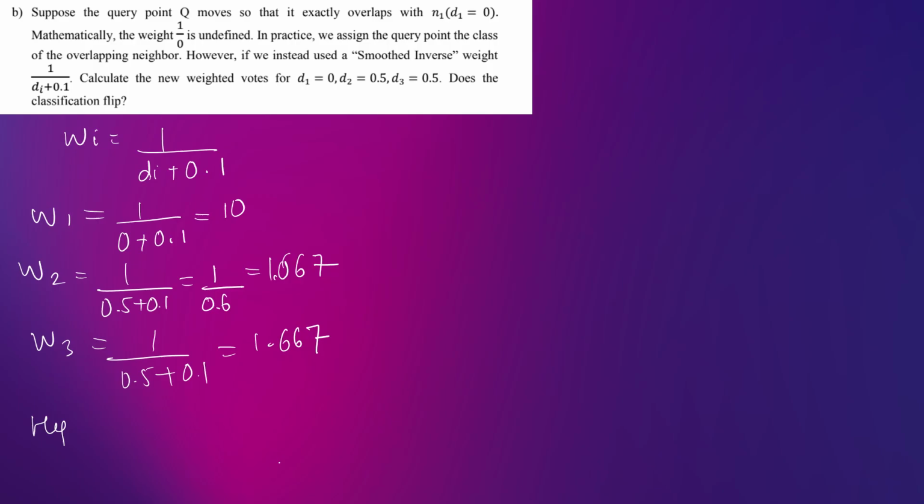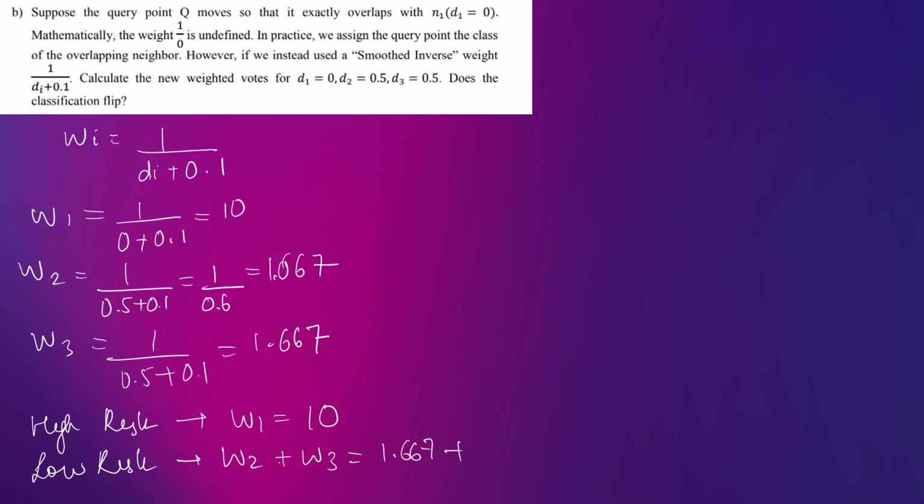For high risk, we know W1 is equal to 10, right? And for low risk, it will be equal to W2 plus W3, 1.667 plus 1.667. This will come out to be 3.334.